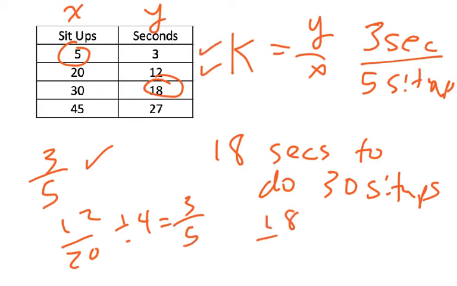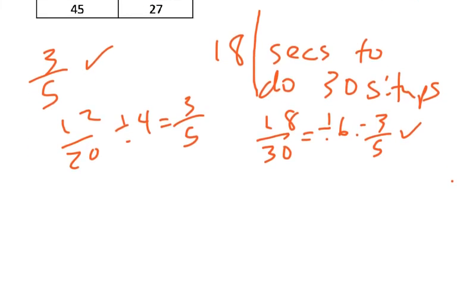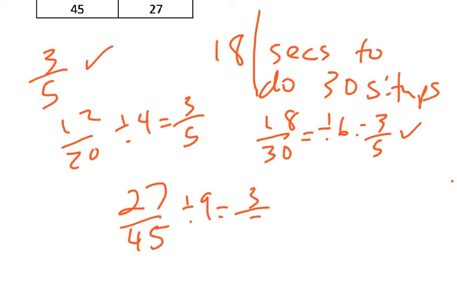Let's do 18 over 30. Is this also a 3 over 5 ratio? Well, they're both divisible by 6, and so that would give you 3 over 5. Check. And so 27 over 45, both divisible by 9, and that would give you 3 over 5.